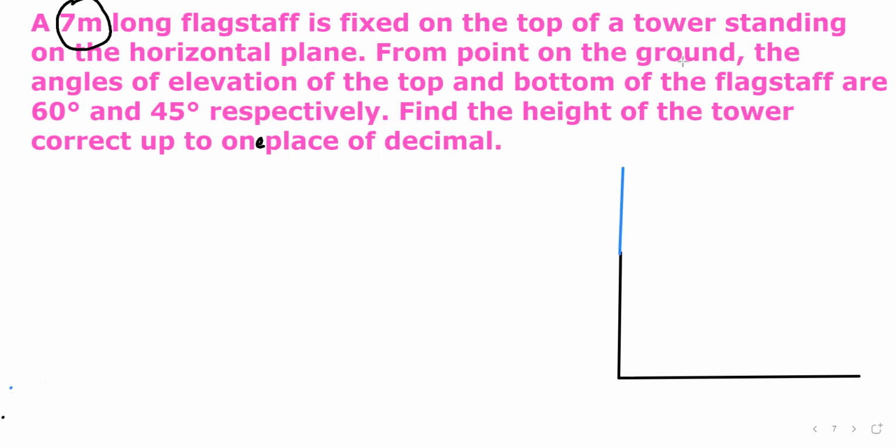From a point on the ground, the angles of elevation to the top and bottom of the flagstaff are 60° and 45°. To the top it is 60°, and to the bottom of the flag pole it is 45°.